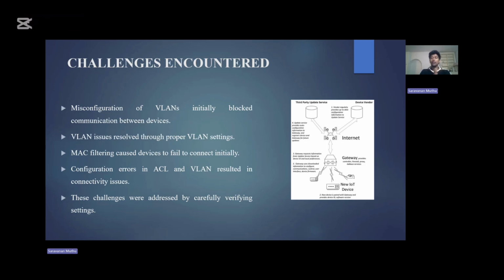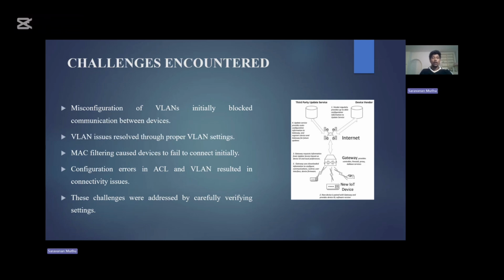MAC filtering failed initially since the MAC address was a little bit misconfigured, but later I was able to solve that with proper configuration and able to perform single device authorization to access the entire data of the IoT devices.